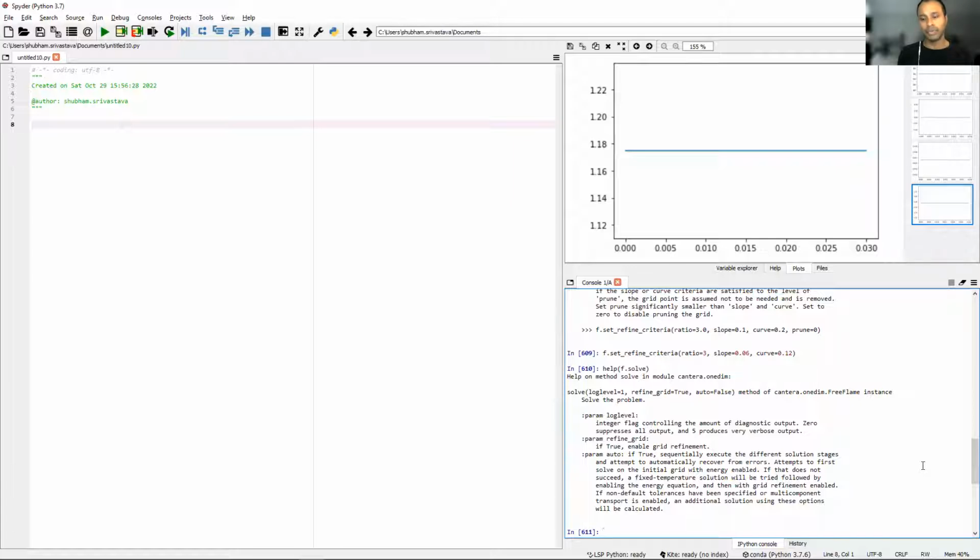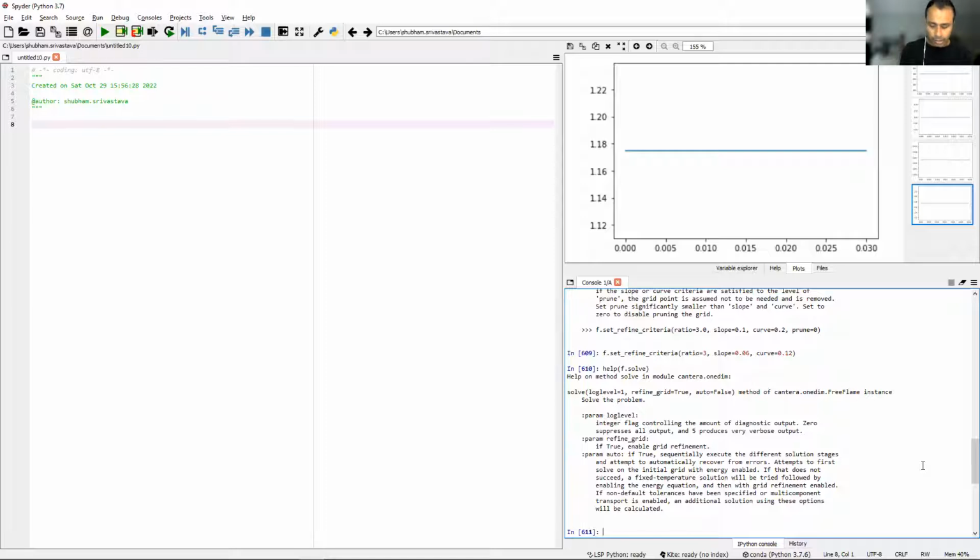If you say auto as true, then when the simulation is going on and Cantera encounters any errors, it tries to recover from them and takes a step back, maybe takes a smaller time step or does something to do the calculations again, so as to avoid those errors. Generally, I just keep auto as true.